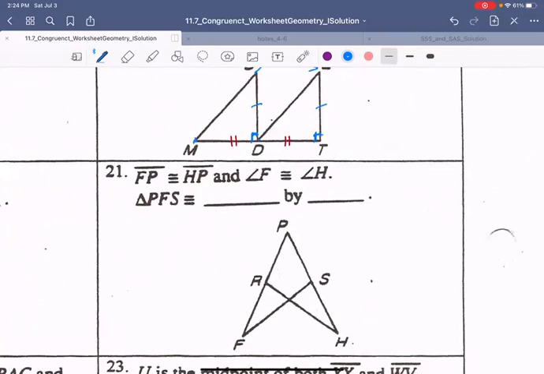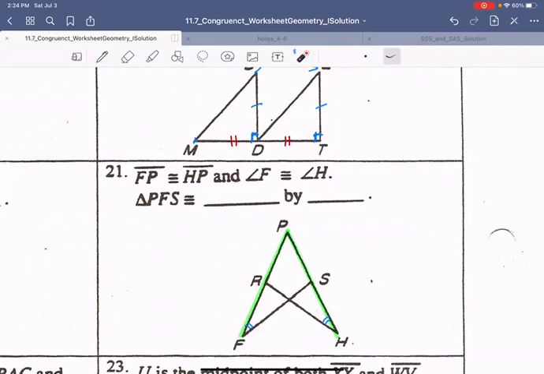Line FP is congruent to line HP. Angle F is congruent to angle H. Triangle PFS is congruent to triangle PHR by angle side angle. Hold on. I want you to tell me one more condition that makes these two triangles congruent. What else do you have?